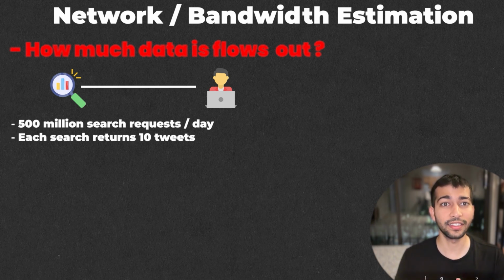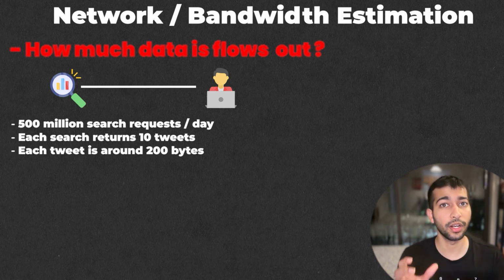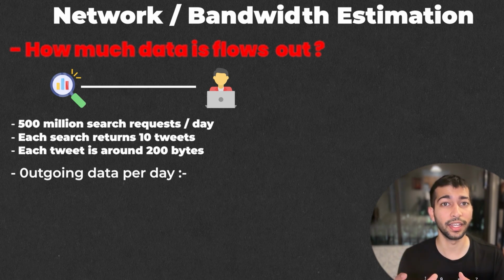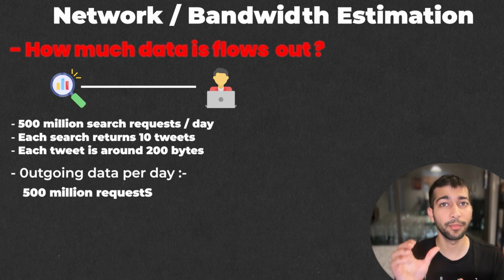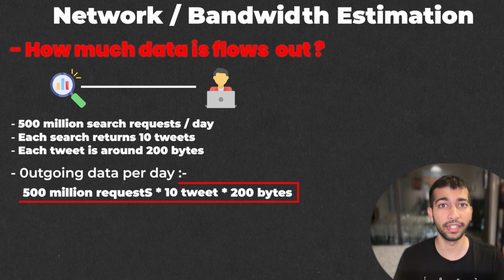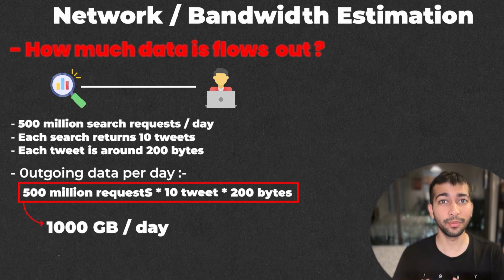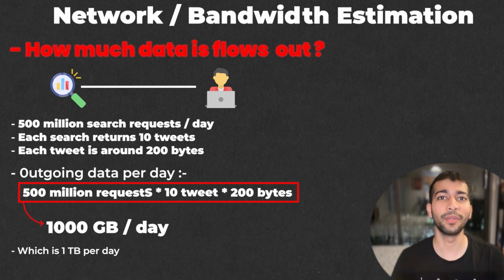And each search, let's say, returns 10 tweets. And we already know that each tweet is somewhere around 200 bytes. So that gives us outgoing data per day, which is equal to 500 million requests into 10 tweets into 200 bytes. That gives us 1000 GB per day, which is 1 TB a day.